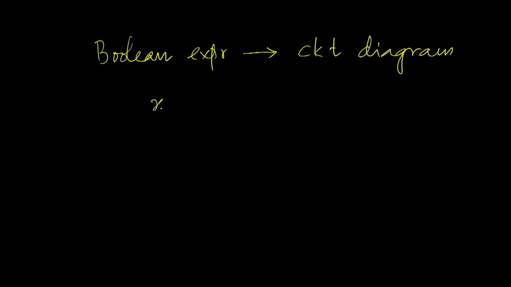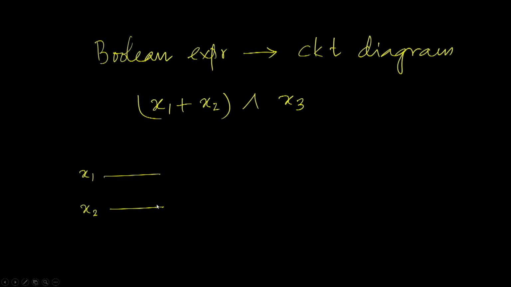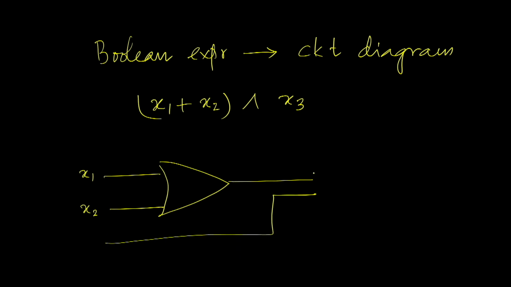For example, if you have a Boolean expression of this form, we have the signals x1 and x2. They can be ORed using an OR gate, the output of which can be ANDed with x3.